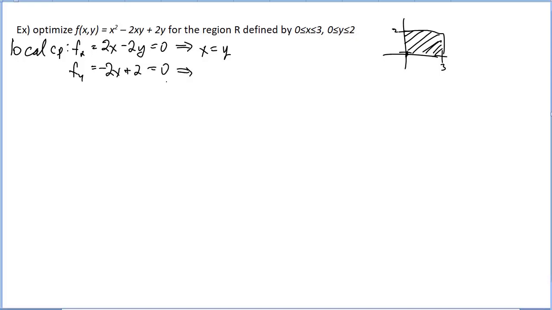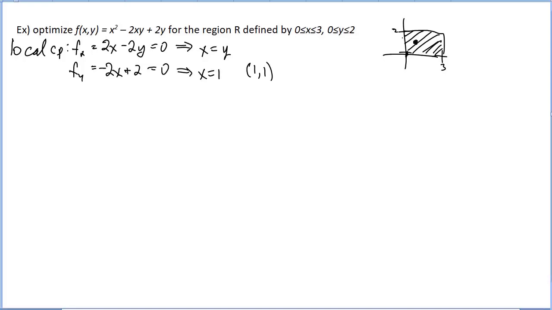And solving the second equation, very quickly we get x equals 1. And then obviously from the two equations together, you also have y equals 1. So put together, this gives us the critical point (1, 1). And notice that that critical point is right there. Yes, it's on our region.